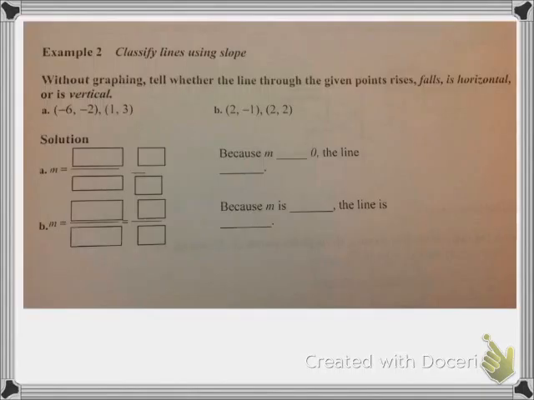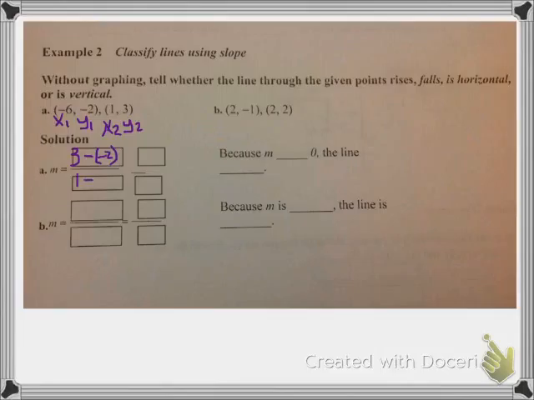Now we need to classify the following lines, whether they fall, are horizontal, rise, or are vertical. Let's do the first one. Like I told you, I like to label the points x1, y1, x2, y2. My y2 is 3 minus my y1, which is a negative 2. We put that in parentheses, so make sure you don't make any mistakes there.